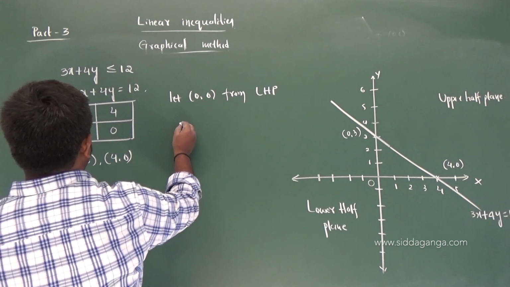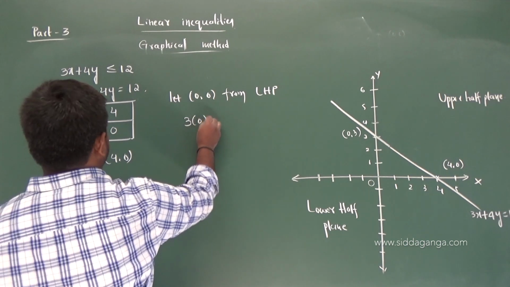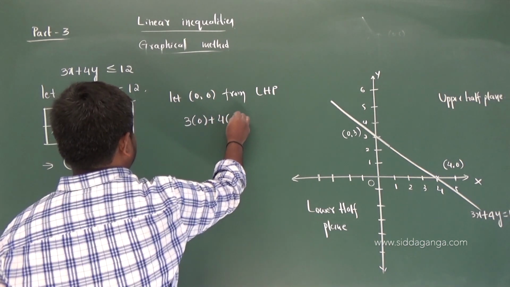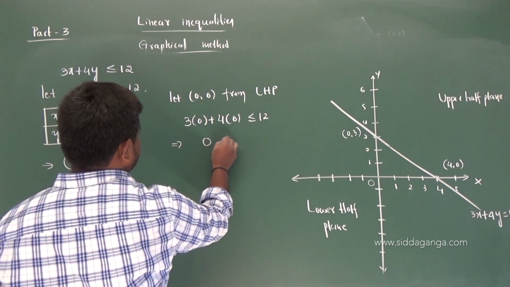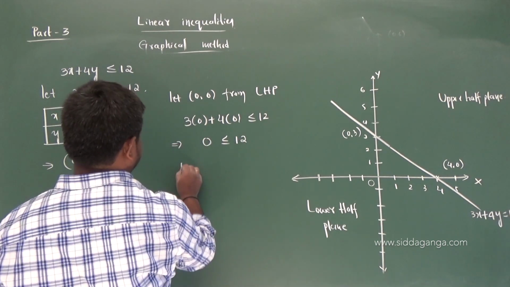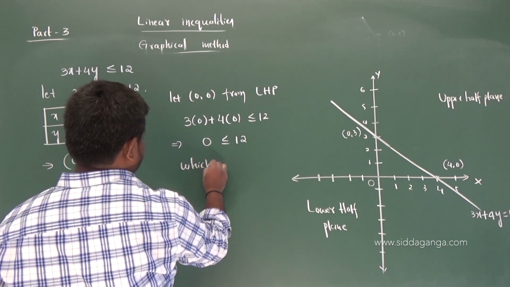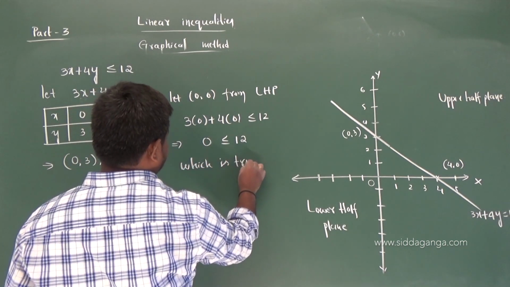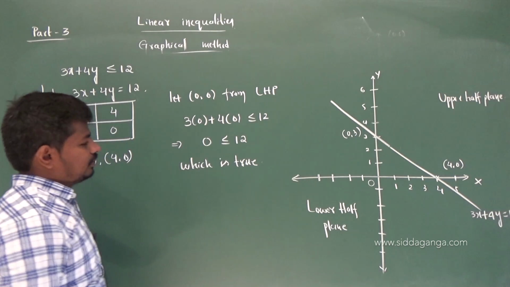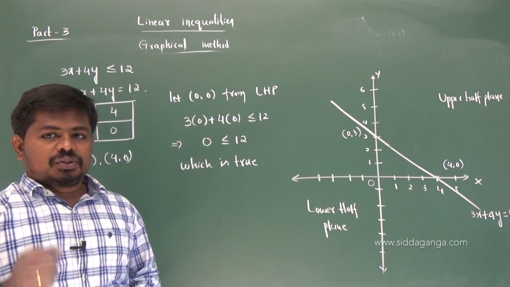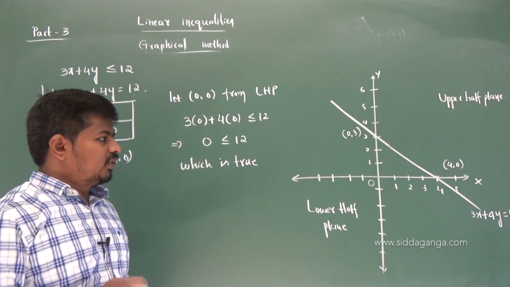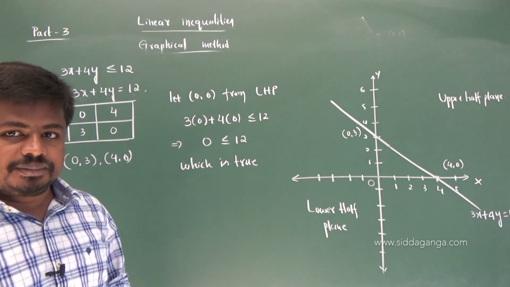So substitute in the given inequality: 3 into 0 plus 4 into 0 is less than or equal to 12. This gives 0 less than or equal to 12, which is true. Hence the solution region is the region from which you have taken the point 0, 0.